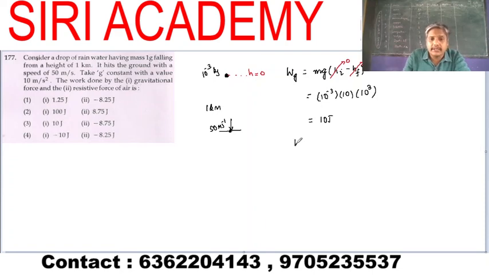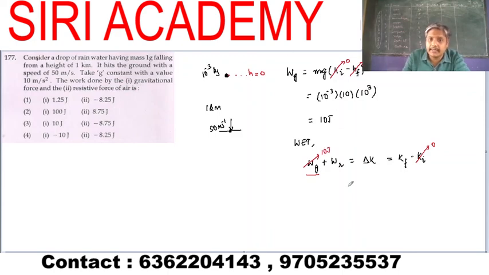Applying work energy theorem, work done by all forces, that is gravitational force and resistive force, equal to change in kinetic energy, K final minus K initial. Now K initial is equal to 0 and work done by gravity, already we know it is 10 joule.